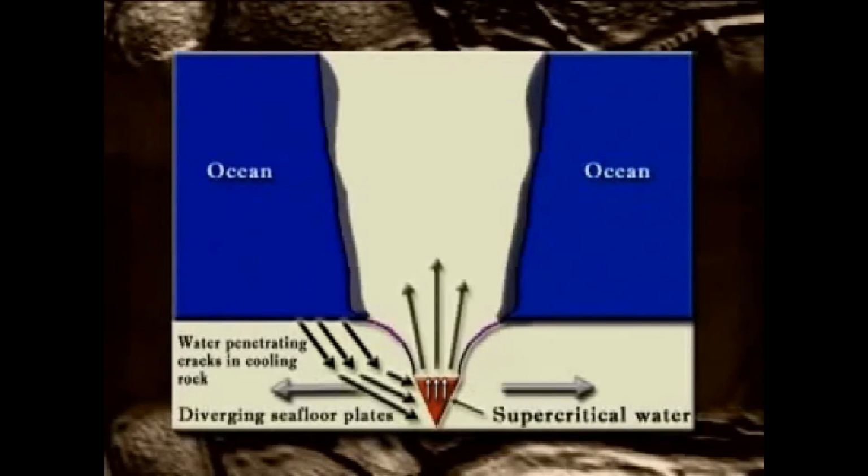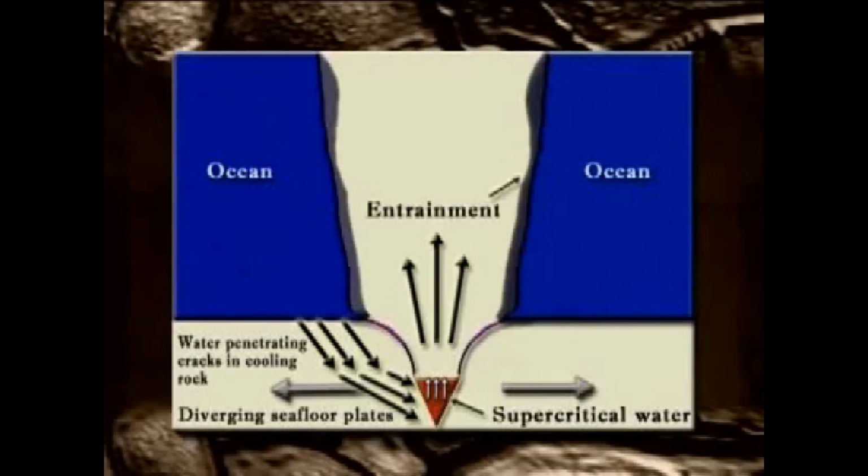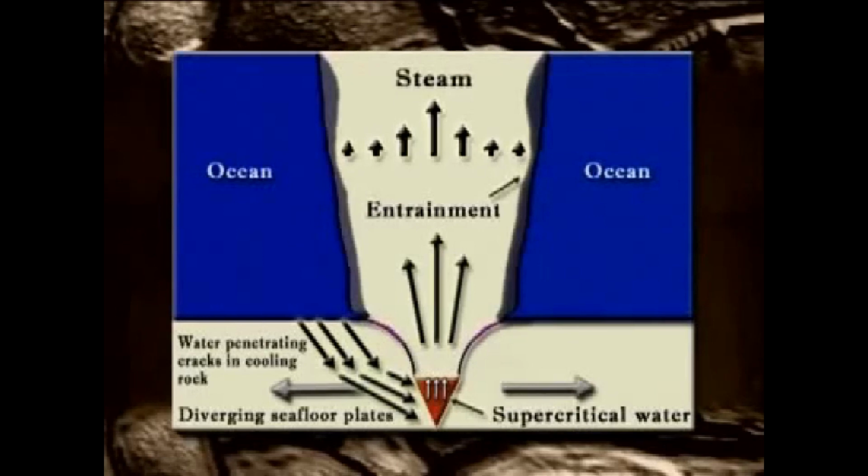There's a supersonic shock, supersonic velocities in these jets. Some of that high velocity steam entrains liquid water as it rapidly penetrates the layer of ocean water, and that water comes down as heavy rain.